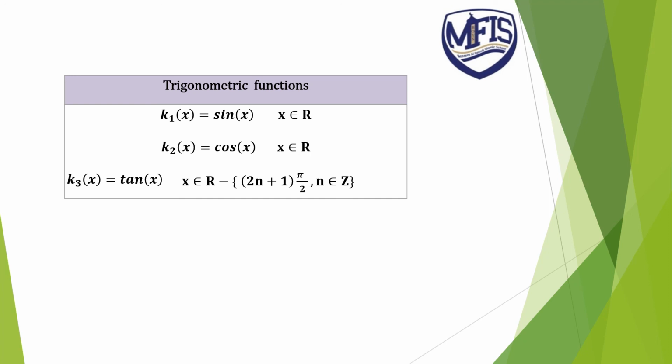If f of x or k of x equals sine x, the domain of this function is R. And if k of x equals cosine x, the domain of this function is R. The last one, if k of x equals tan of x, the domain of this function is R except (2n plus 1) times pi over 2, where n belongs to Z. This is the last thing you have to study, and don't forget this.